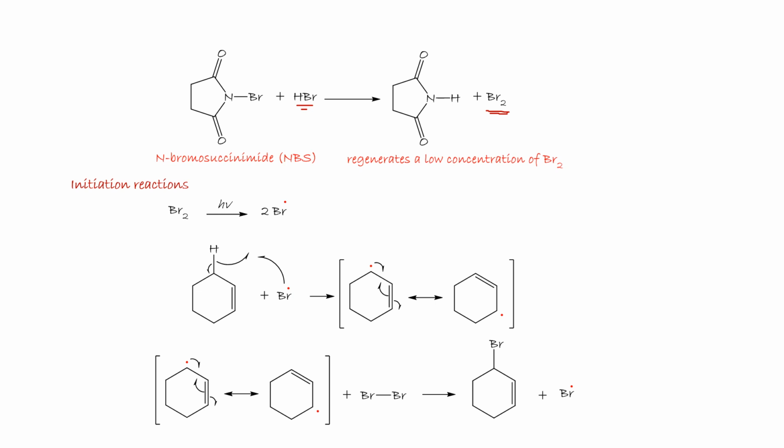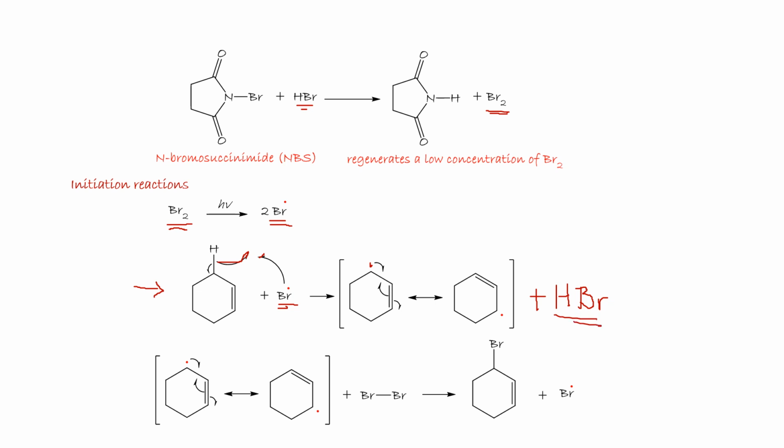It reacts with N-bromosuccinimide. So we start with the trace of bromine and light to give Br radical. Br radical reacts with the allylic hydrogens here to create this radical plus HBr. So each step of this will create HBr.